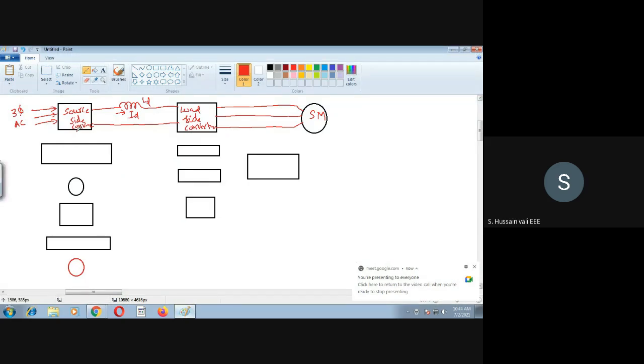So we'll see now. What you find here is the current controller and the firing circuit. Here also you have a firing circuit, because you have two converters.